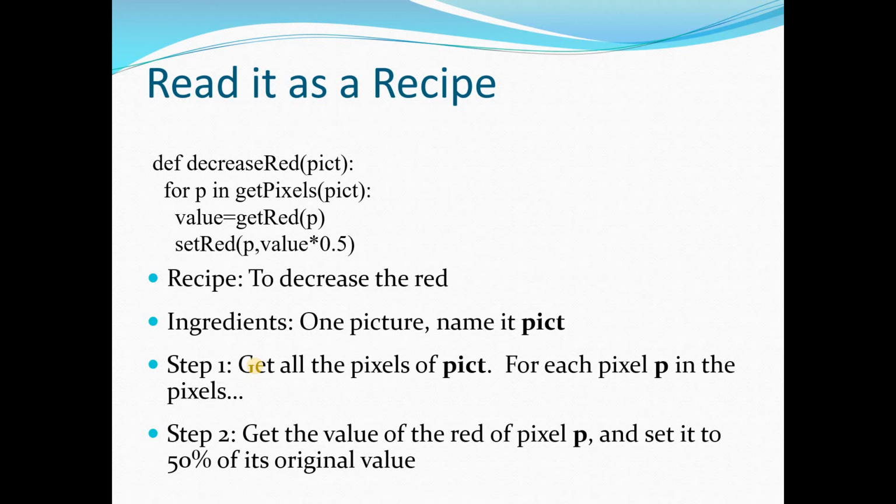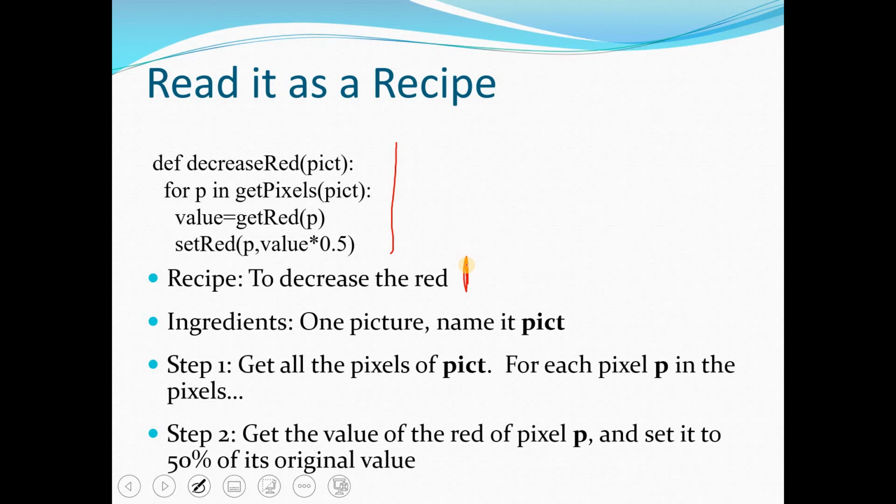So we can say that this is like our cooking recipe, and we have created this code that will decrease the red color. Clear? And just like any cooking recipe, you will give some input. For example, if you want to cook some rice, you want to create mandi, then you need rice to begin with.